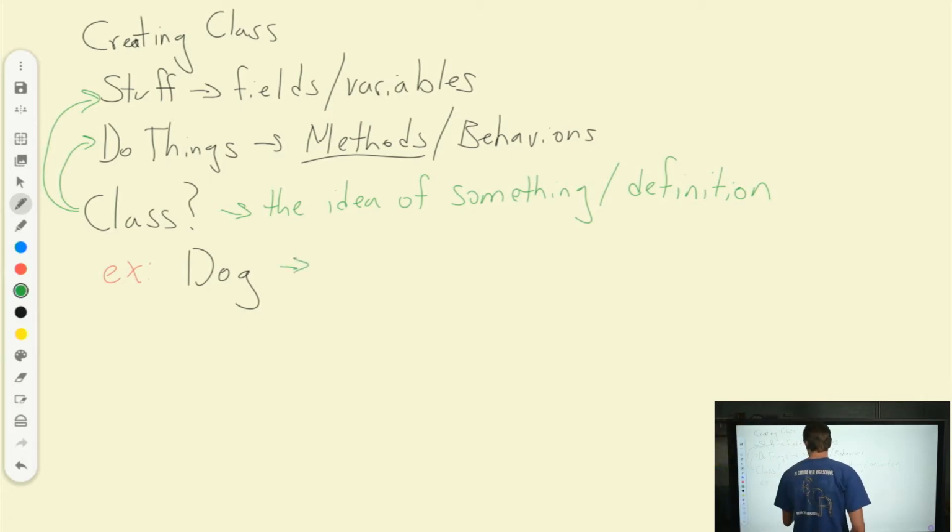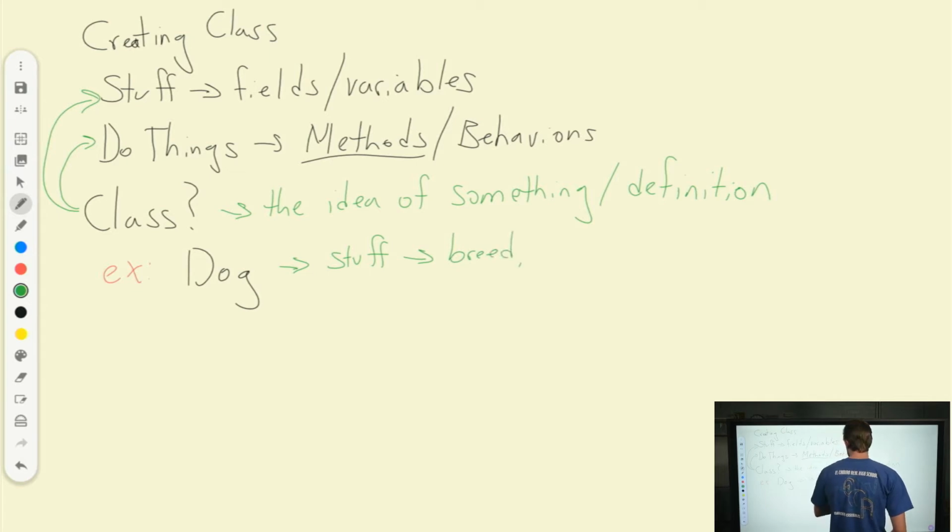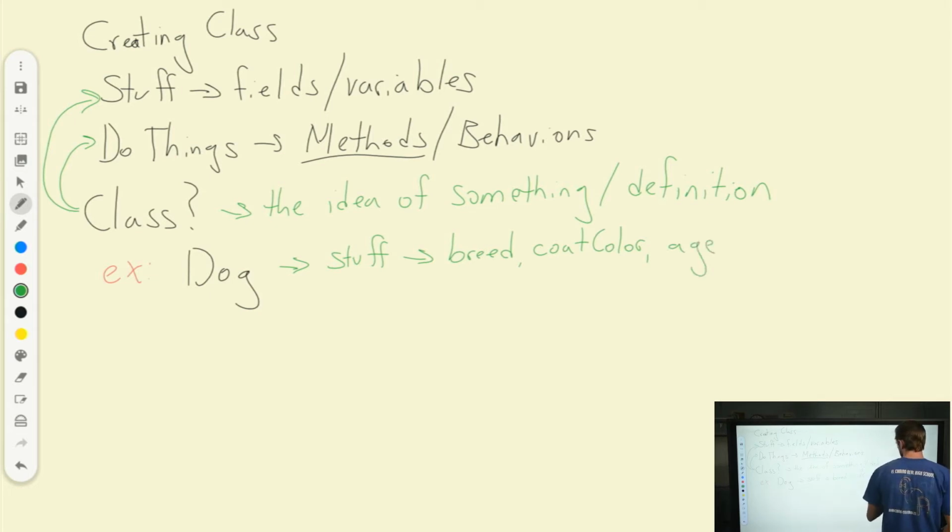The stuff that a dog might need in order to define what a dog is: maybe I need to know its breed, maybe its coat color, maybe its age, and maybe there are some other things that I need to know about this dog.